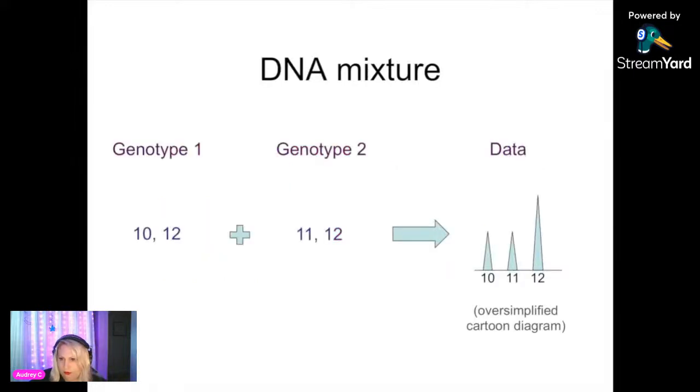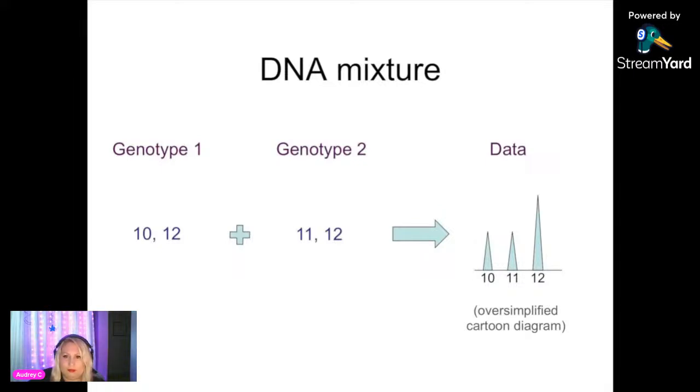A DNA mixture arises when two or more people contribute their DNA to the same sample. In this example, we show how genotypes are combined. A genotype is the pair of alleles that an individual has at a genetic location. There are two alleles, one inherited from the person's mother and one inherited from their father. So here we see how a first genotype, which has a short tandem repeat or STR allele of length 10 and length 12, is combined with a second genotype at that locus, having allele 11 and allele 12.